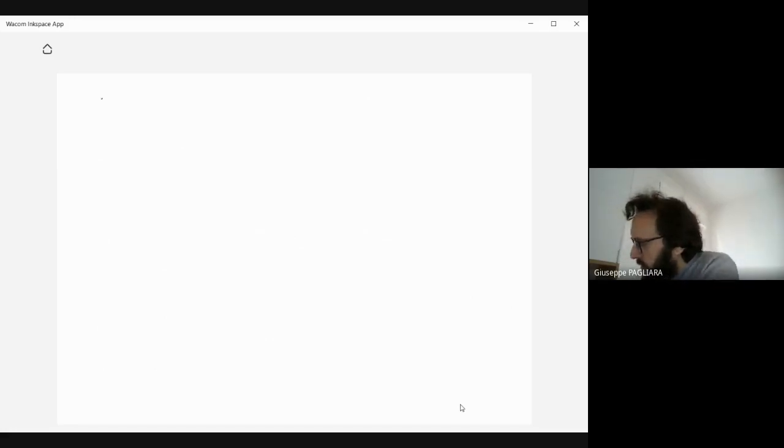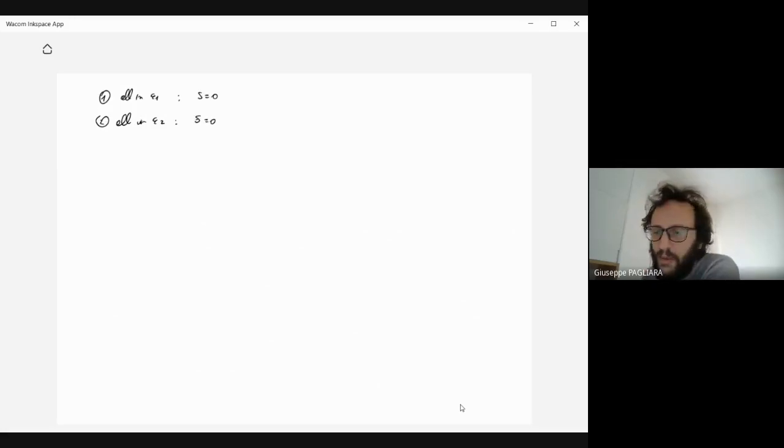Now, if I consider the situation all in epsilon 1 or all in epsilon 2, in both cases the entropy is 0. But the energy is different, because in one case the total energy E is N epsilon 1, whereas in the other case the total energy E is N times epsilon 2.